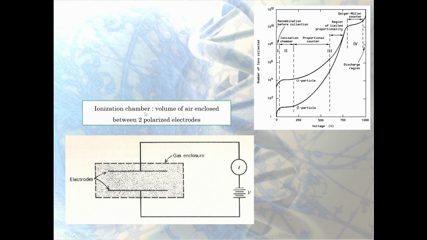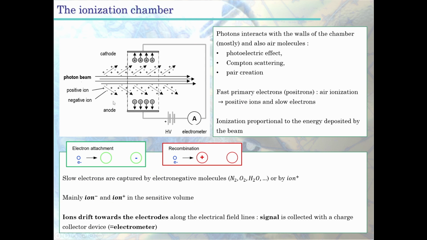Basically an ionization chamber is just two polarized electrodes, and in between you have some gas, that's it. You've got some polarization and you've got something to collect the charges. What's going on? Between those electrodes you've got gas, and let's consider a photon beam that crosses this detector. You will get electrons due to photoelectric effect, Compton scattering, pair creation along the track of the photons.